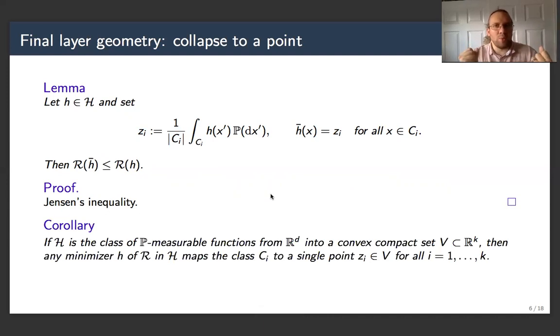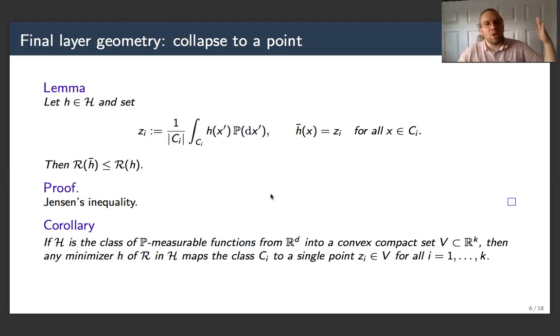As a corollary, we note that if H is a sufficiently flexible class, for example, if H is the class of measurable functions into a convex compact set, then any minimizer of the risk functional in this hypothesis class maps the class C_i to a single point.